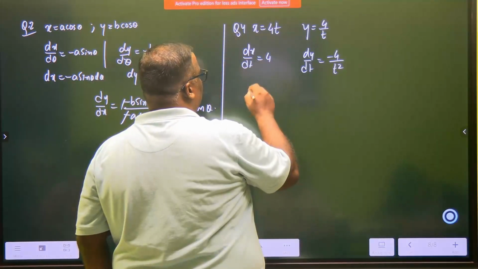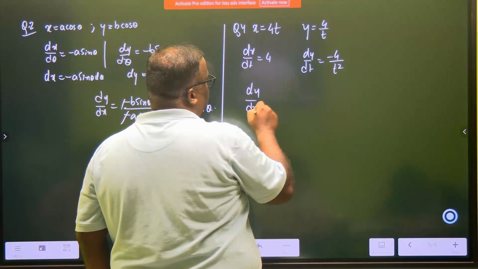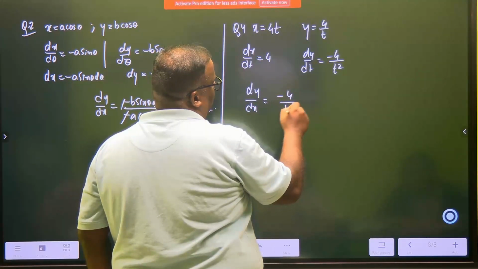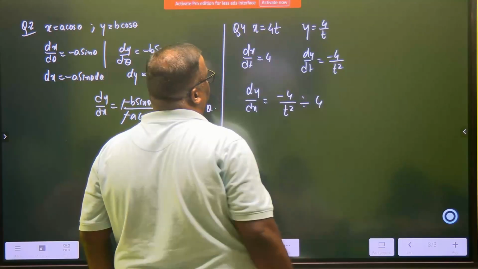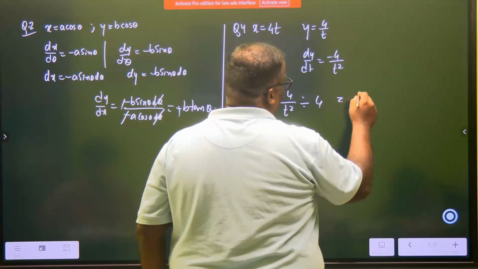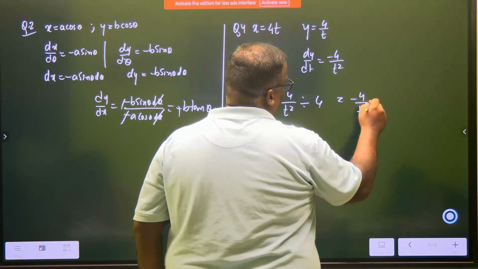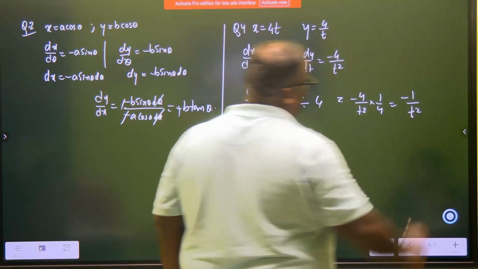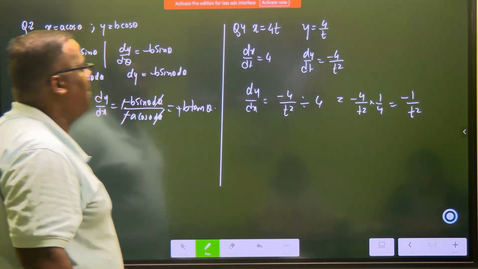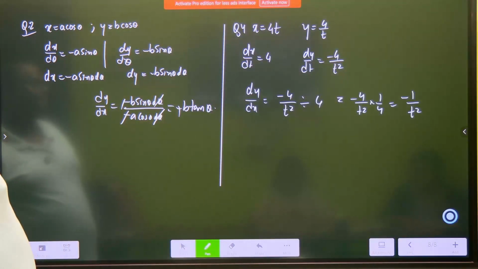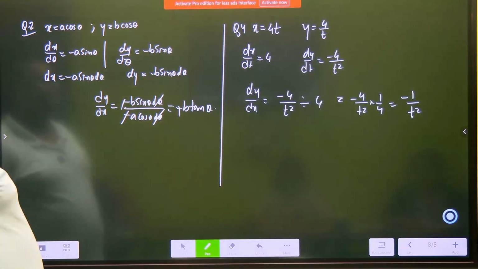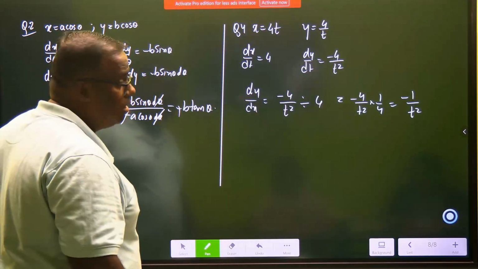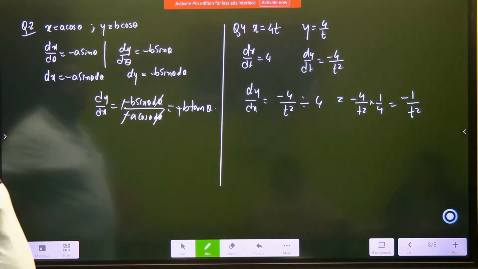So now you have to find dy/dx: negative 4 by t square divided by 4, which is negative 4 by t square into 1 by 4, so it is negative 1 by t square.